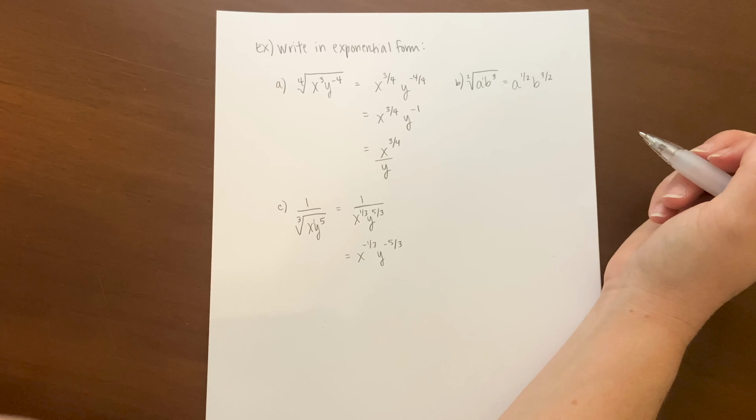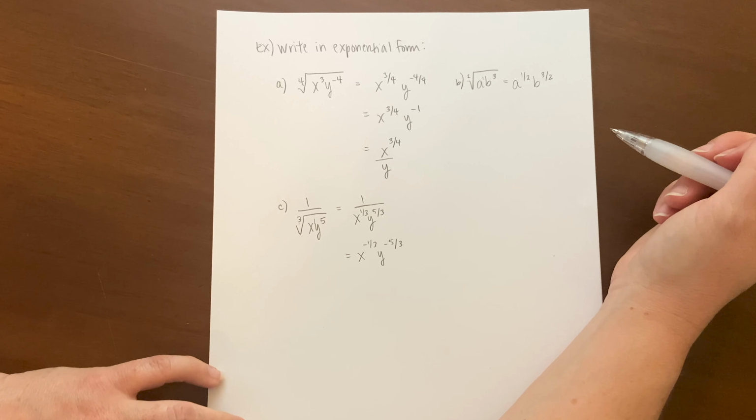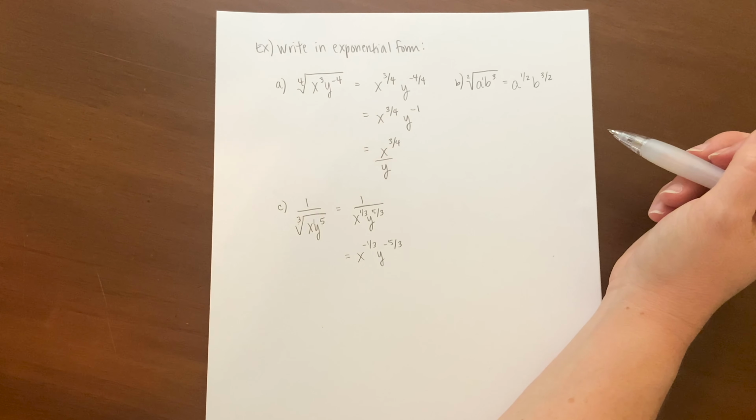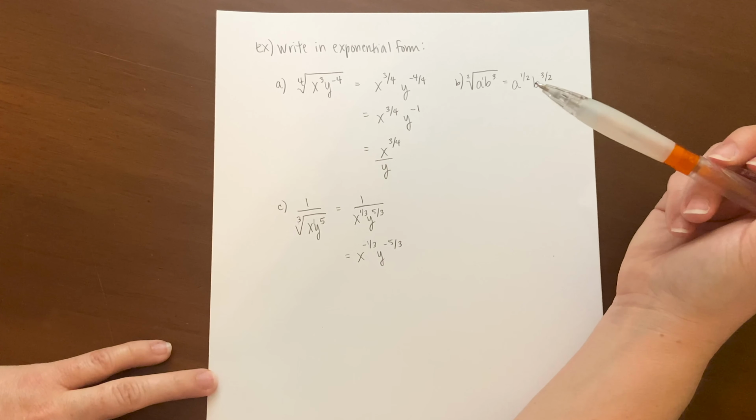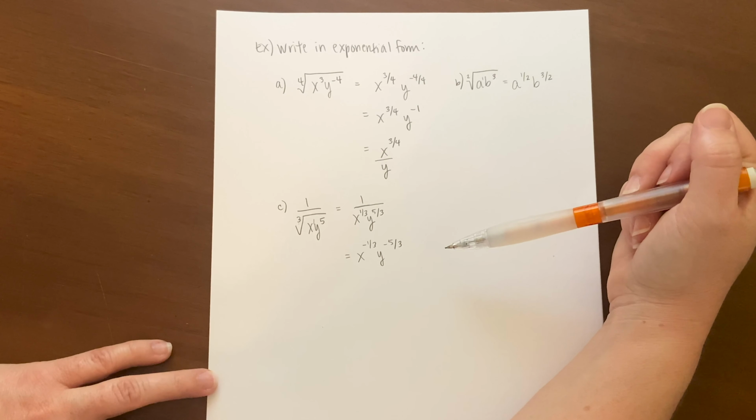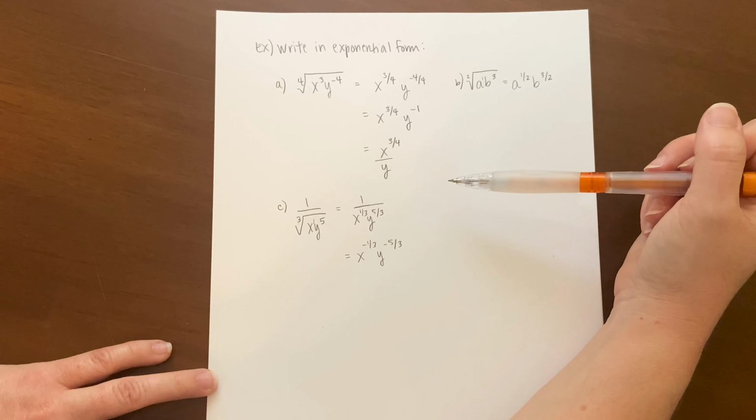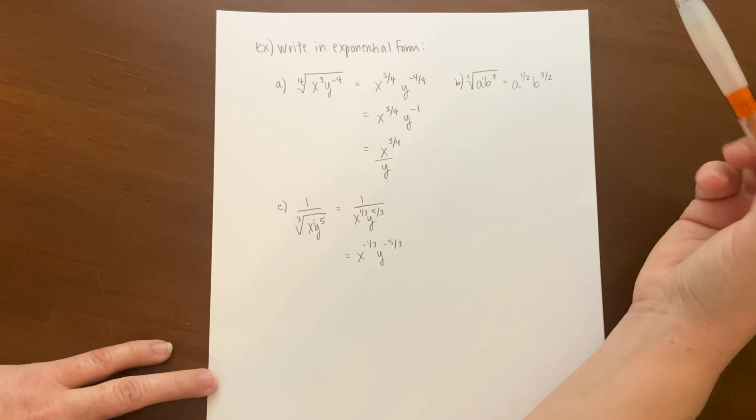All right, now that we've gotten some practice in moving between the two forms, from radical form to exponential form and from exponential form to radical form, let's look at how you would simplify these, because sometimes after you do the moving around, you can actually simplify them.